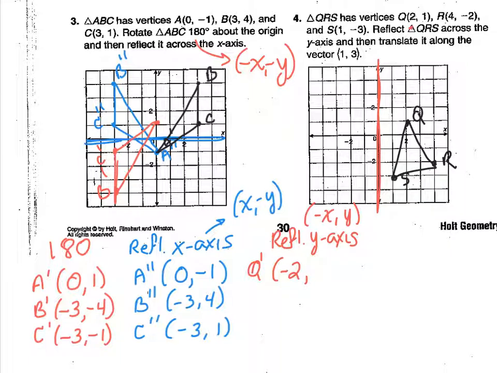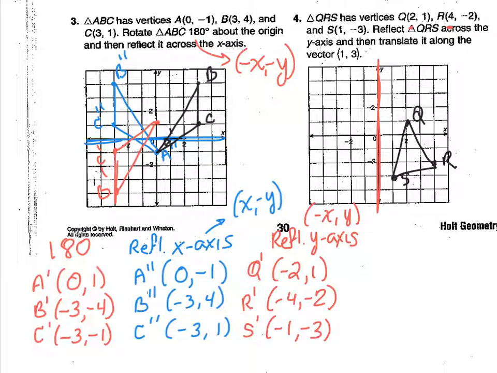Negative 2, and you keep the y the same way, which is 1. What about r prime? That should be what? Change the negative 4, and the y stays the same, which is negative 2. What about the s prime? Change the x. Negative 1, and then it's negative 3.